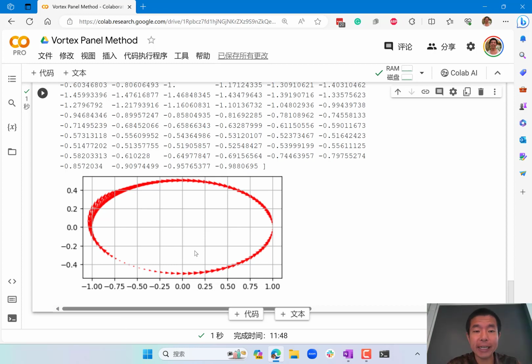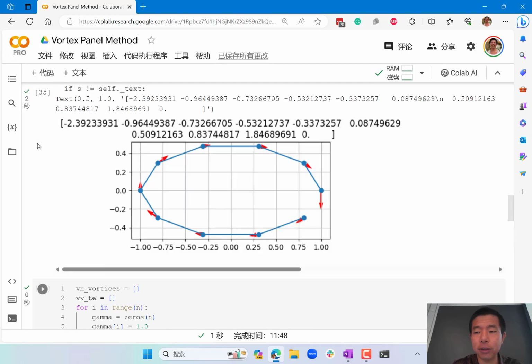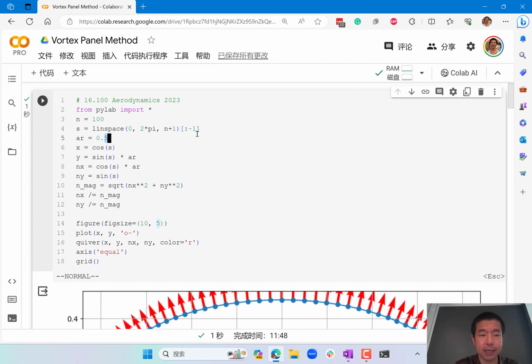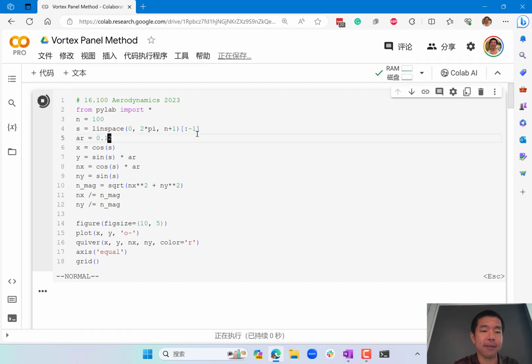Okay, so finally, let's try to compute the pressure. Actually, before we compute the pressure, let's rerun it with a different aspect ratio. Let's make it 12% thickness.